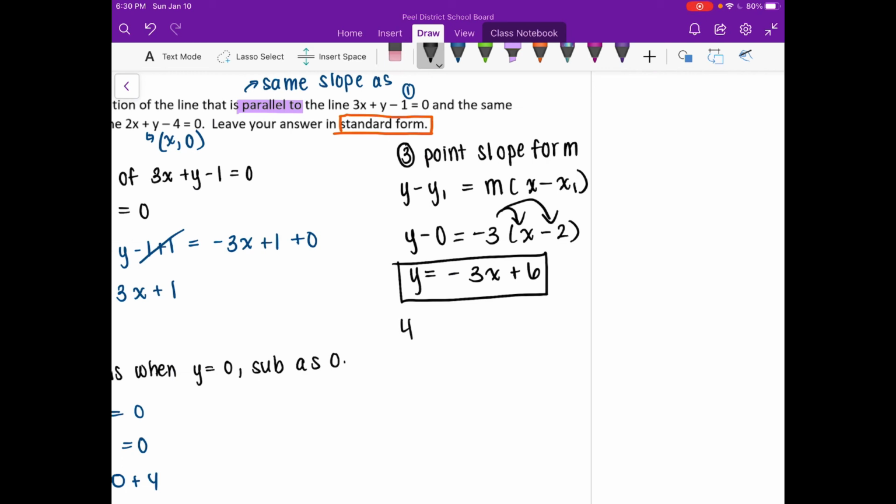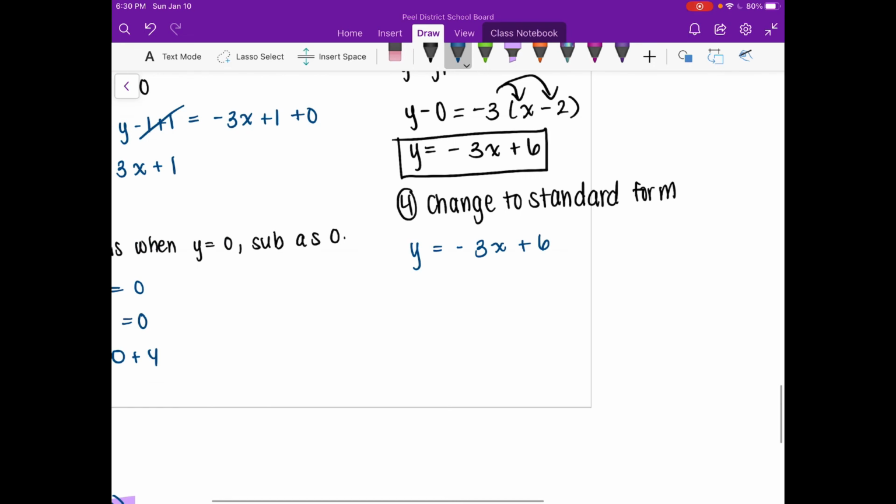So now, change to standard form. So let's change it. So we're going to do y equals negative 3x plus 6, right? So we want to move the y to the other side, so we're going to subtract y on both sides. y minus y equals negative 3x minus y plus 6, right?